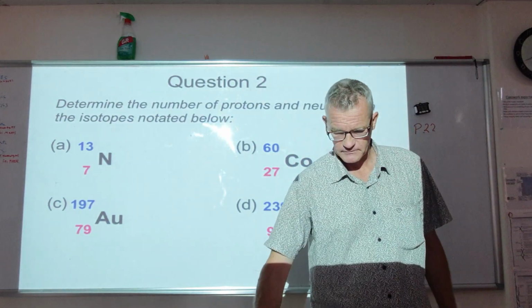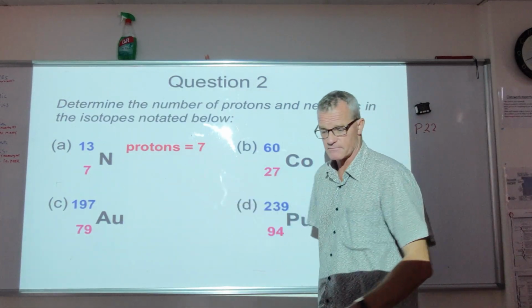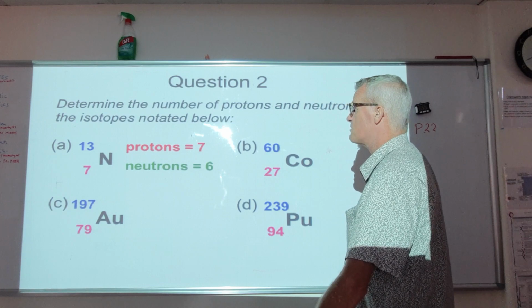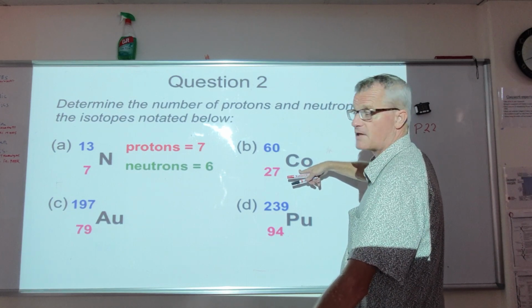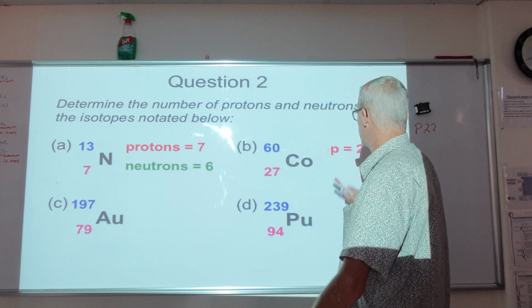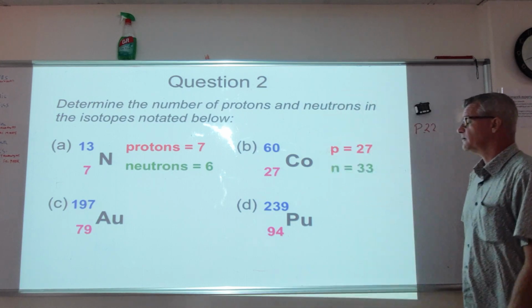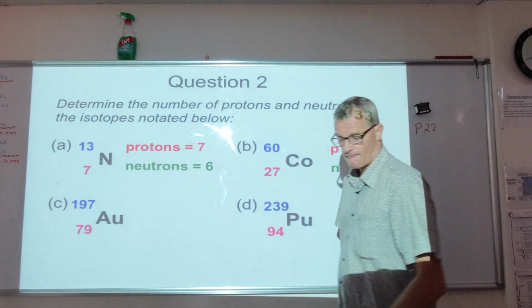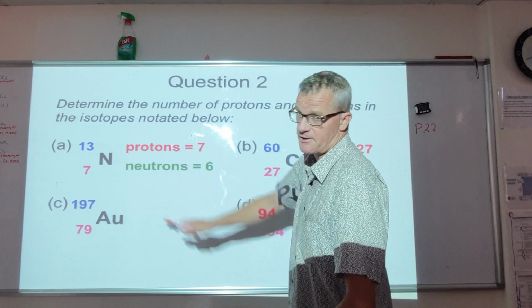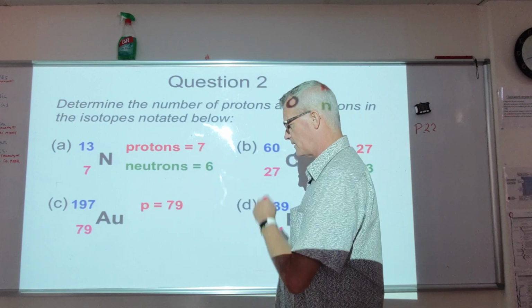Okay. For number 1, protons 7, neutrons 6. You know what this one is? That's cobalt. 27 protons, number of neutrons 60 minus 27. Next one, Au, you know what is Au? That is gold.